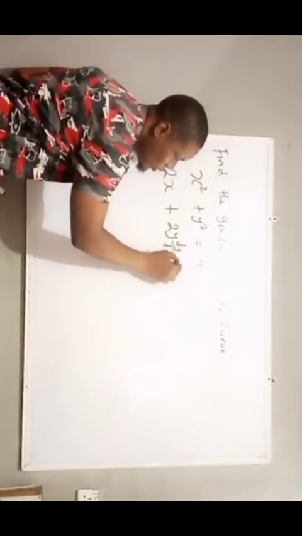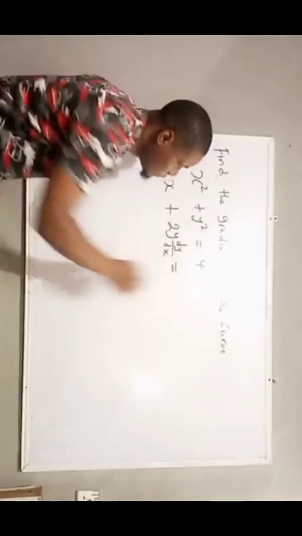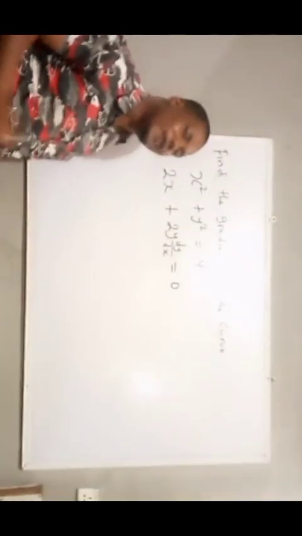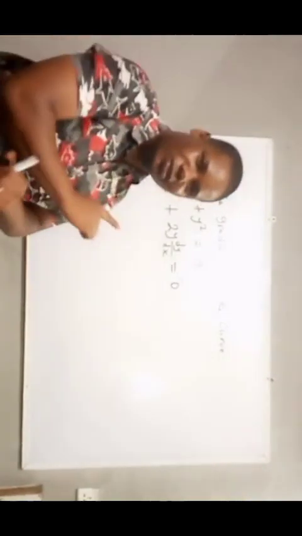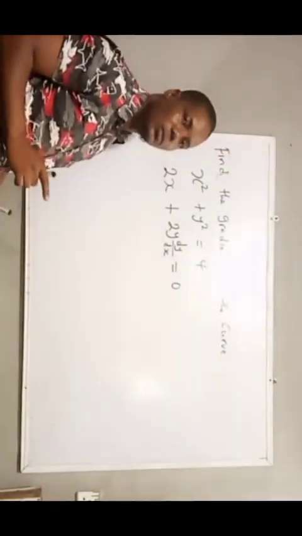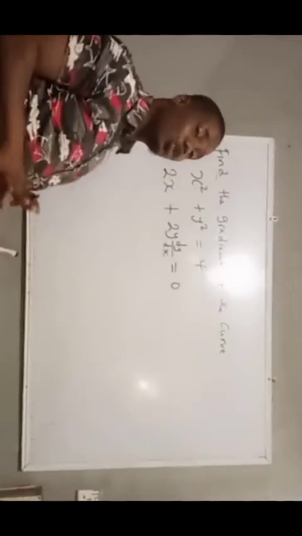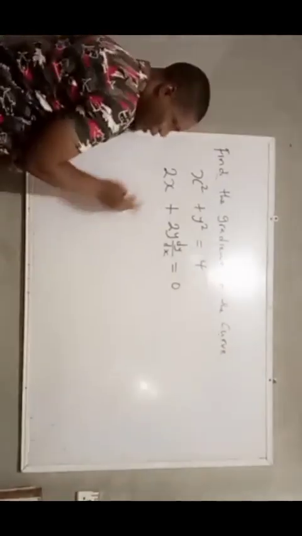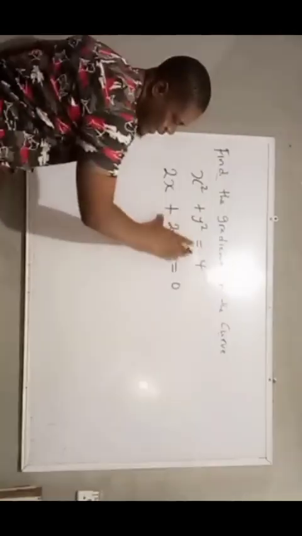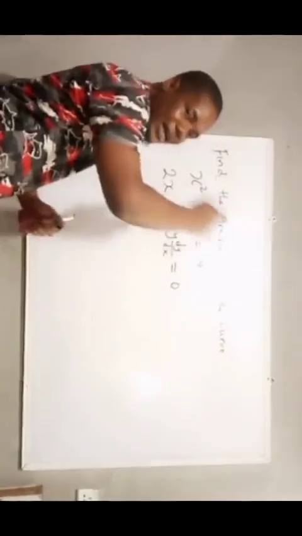To x. So when I differentiate a constant, just like in the general method, this place is always 0. Every differentiated value of a constant is what? 0. Is 0. Now, when you get this, the next thing you do, you rearrange. I'll leave all the values with the dy dx to one side, and I'll leave the ones alone to the other side.